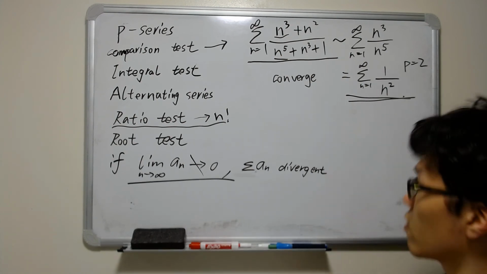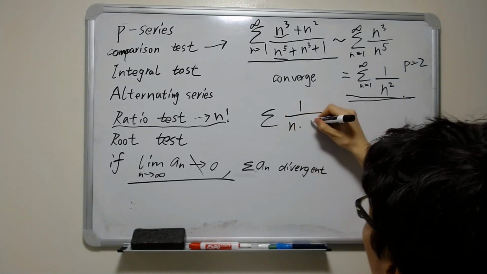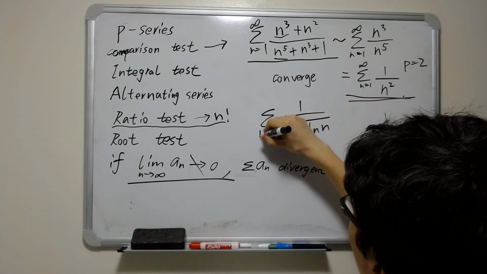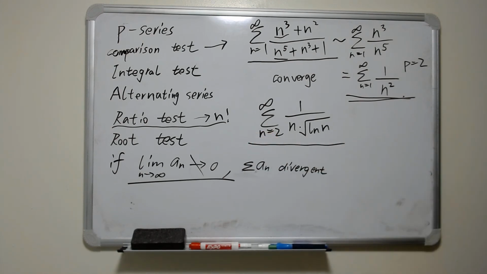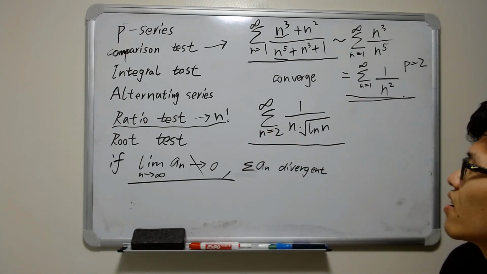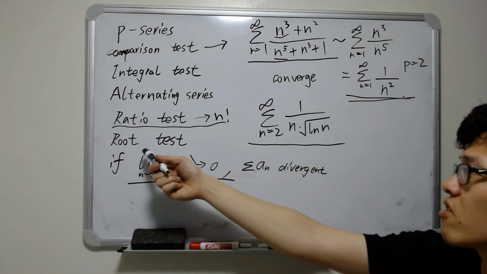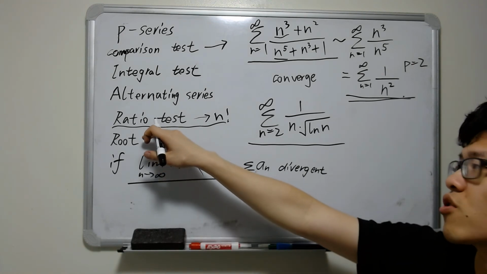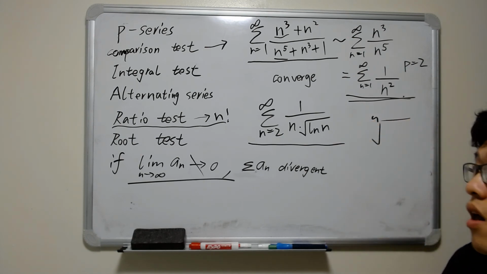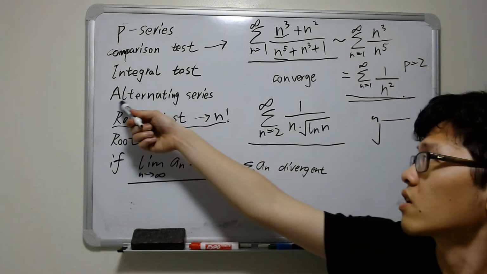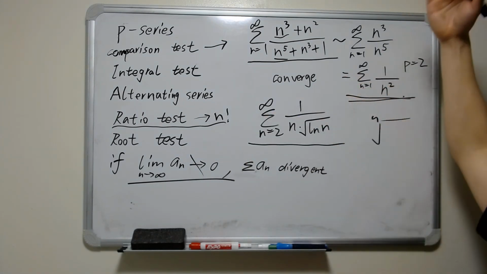Okay, the last example is to find the convergence of the summation of 1 over n times the square root of log n, from 2 to infinity. For this one, you can try the ratio test and the root test, but it's really hard to find the ratio or the nth root of this one. Also, it's not an alternating series, because there is no -1 to the n oscillating.